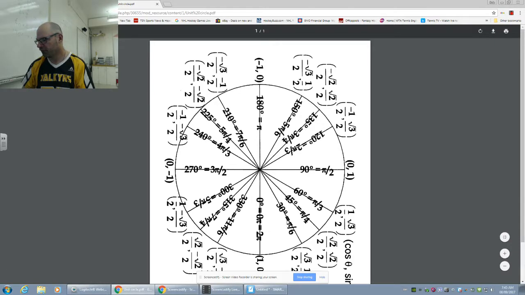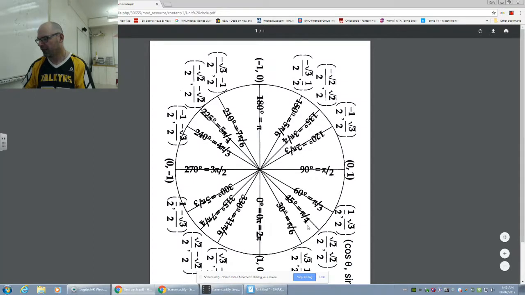So the 30 degrees is root 3 over 2 and a half. 60 degrees is a half and root 3 over 2. Those are the relationships in there, and then that multiple follows it all the way around. Each of the degrees are written in there and each of the radians is written right beside it. So you can use this as reference.